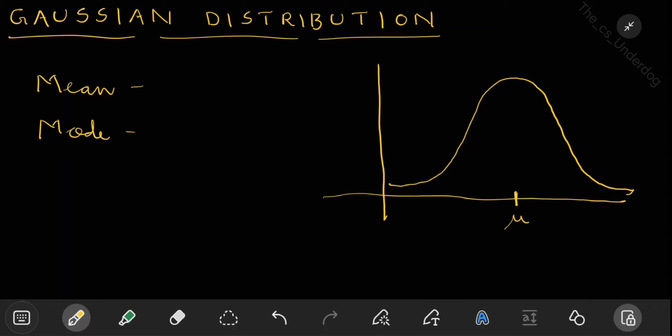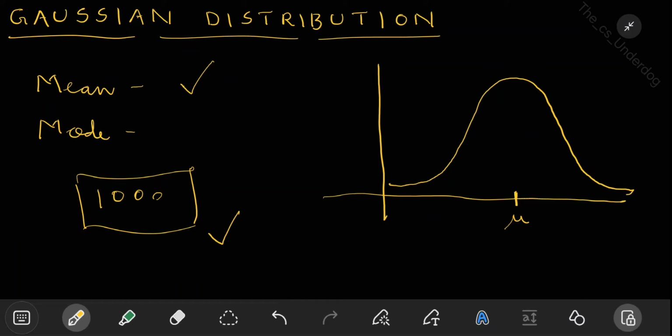Why is it same? See, it is like this. What is mean? If you have, let us say, 1000 different experiments, out of the values that you obtained while you did the experiment 1000 times, if you take the average value, that average value is what you call as mean. It is also called as the expected value. And what is mode?